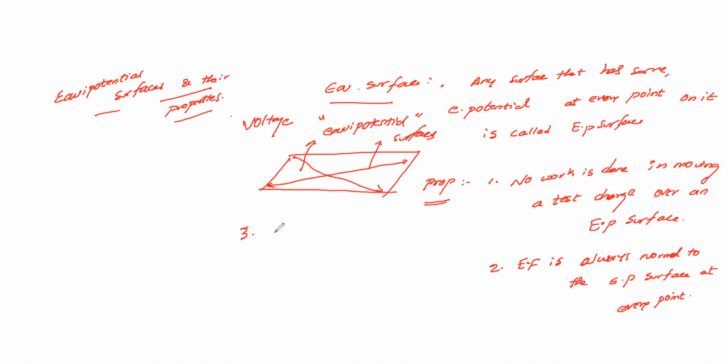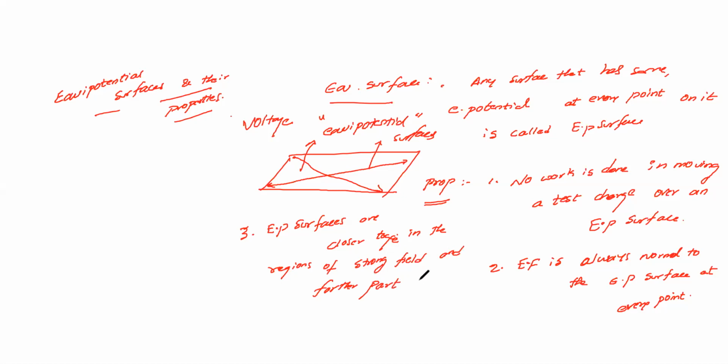Let's see the third one. Equipotential surfaces are closer together in the regions of strong field and further apart in the regions of weak field.